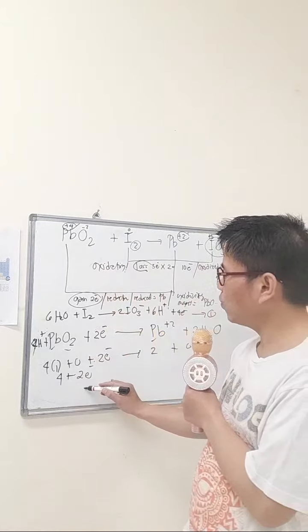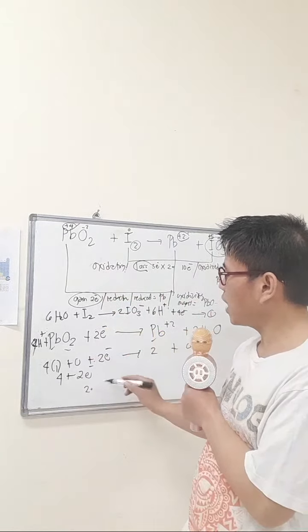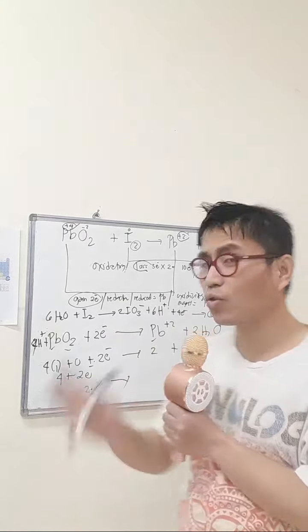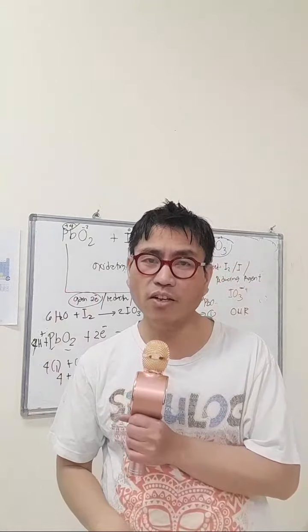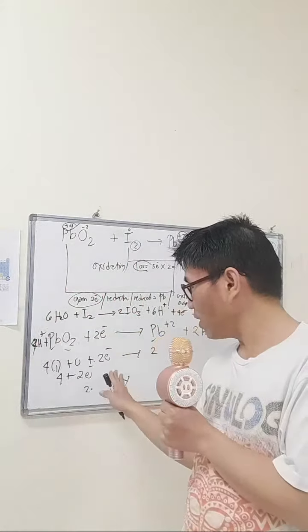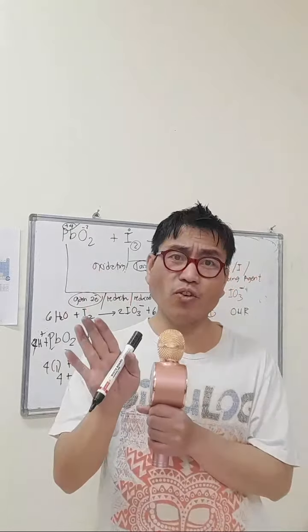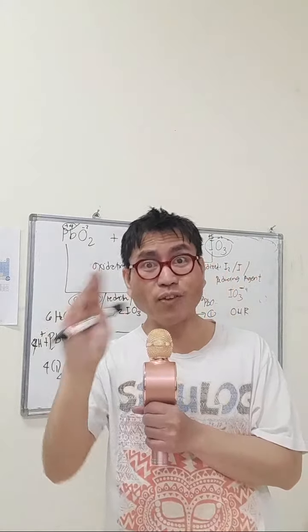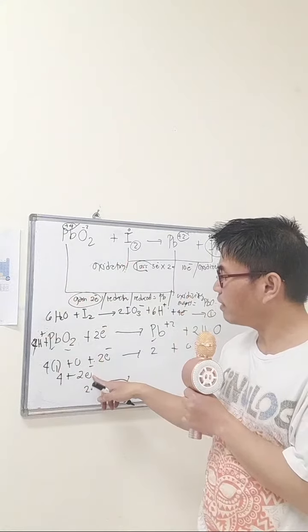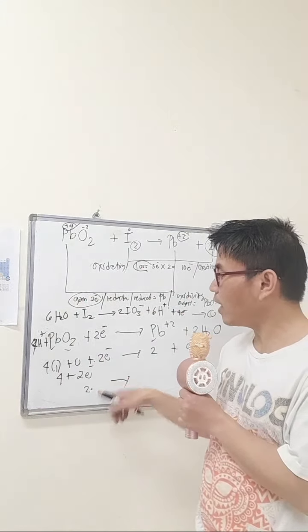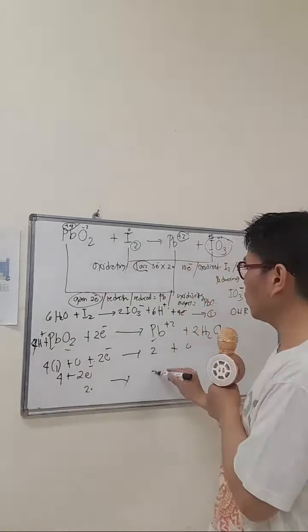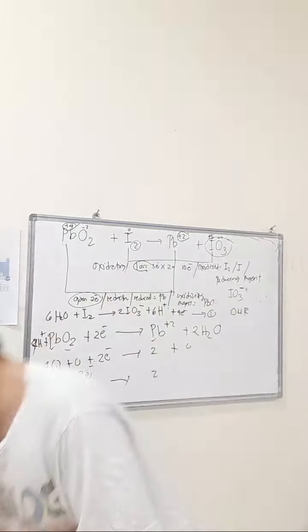So it is no longer electrons, because 4 is higher than 2 electrons. That is just a number. Get the point? 4 as a number plus 2 electrons is going to be 2 as a figure, because your electron count is lesser than the figure 4. What if this is 6 electrons? Then the electrons are higher, and you will say 2 electrons, since you add them. Like that, so 2. So perfect, the charge is balanced.